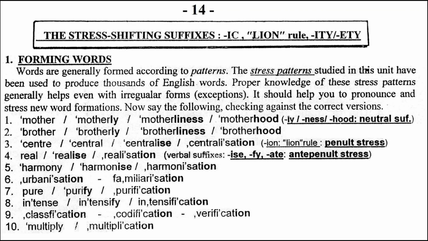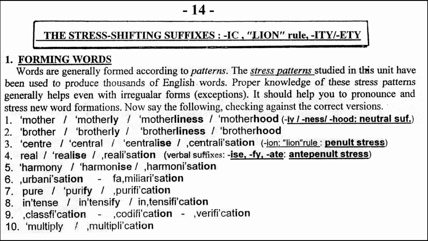So we need another level of stress. So we need a secondary stress. In this case, we cannot place it automatically because we don't have 2 syllables before the primary, but we have 3. So we need to go back to the root, the nearest root, which is central or centralize, whatever. And you see where is the primary stress.